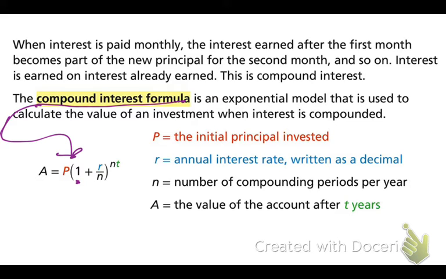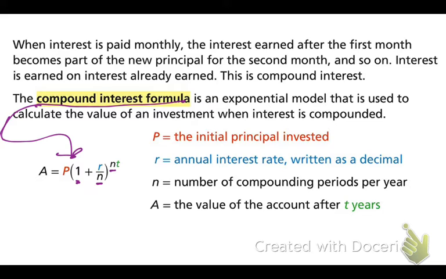If it's bi-yearly, it'd be 2. Bi-yearly, 2. Or semi-annually is still 2. Monthly, it would be 12, right? So if you notice the N here and the N here, they are going to be the same.